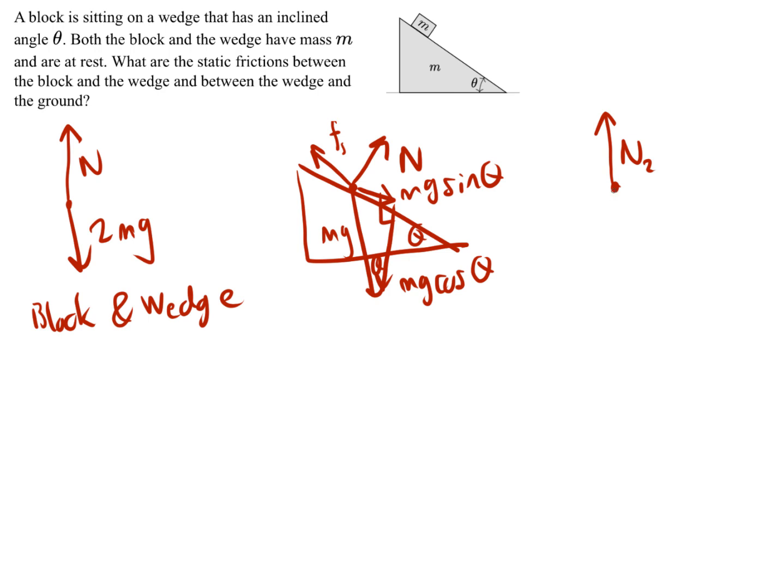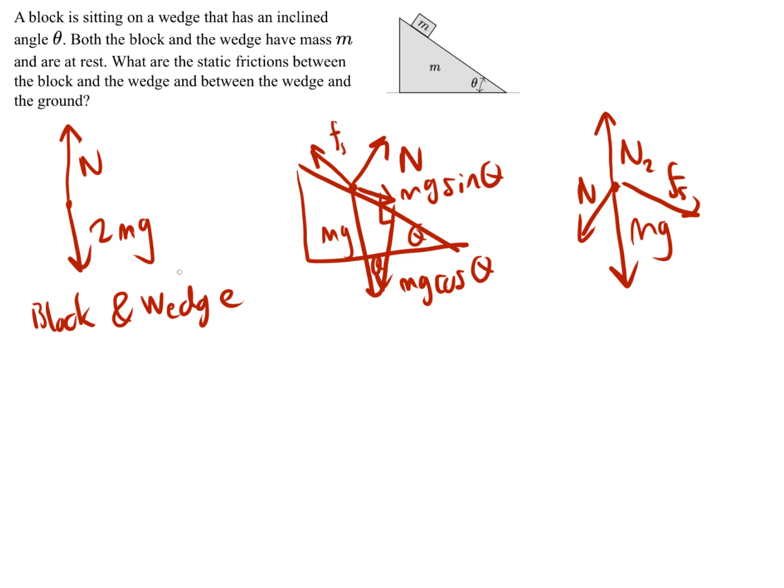This is a different normal force acting on it from the one on the block, and you have mg acting down, and then from the block on it, you have the normal force that is pushing it back down, as well as the force of static friction that is pulling it back to keep the block atop the wedge.